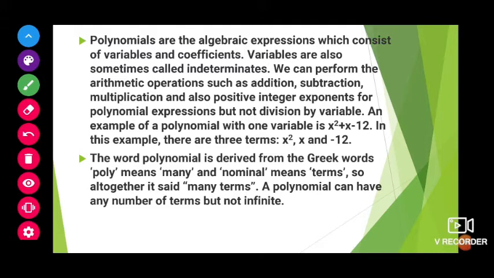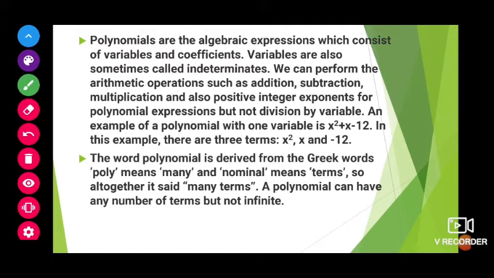If an algebraic expression consists of more than two terms, then we call it a polynomial. Those terms will have addition and subtraction between each and every term.